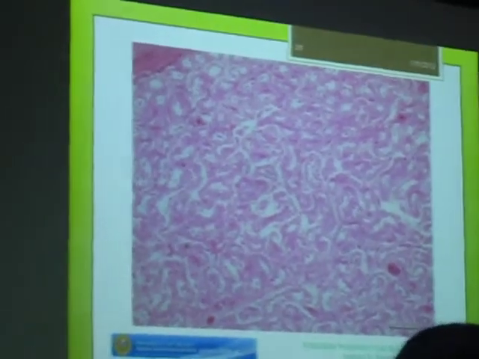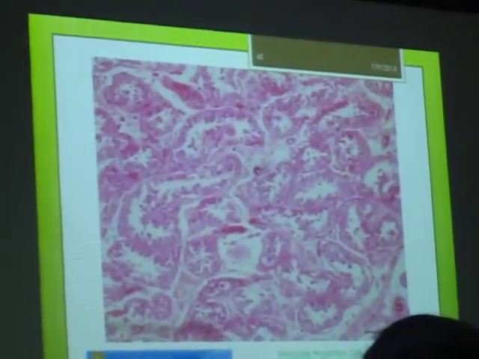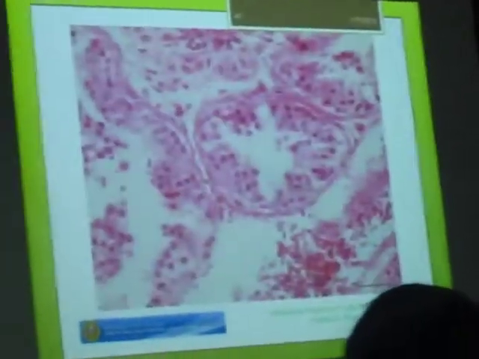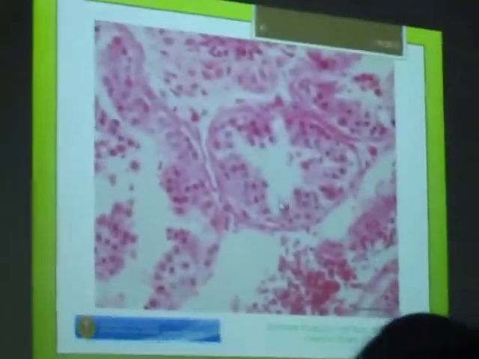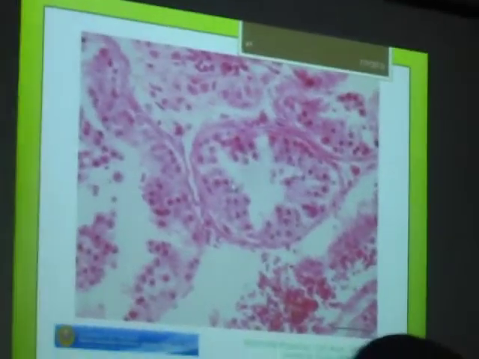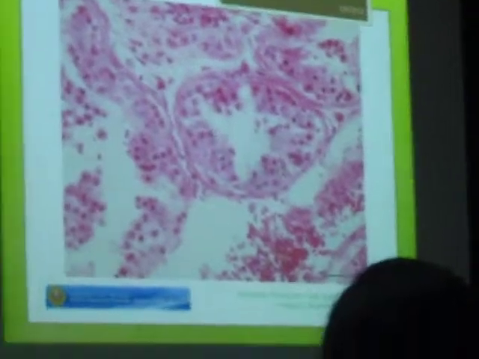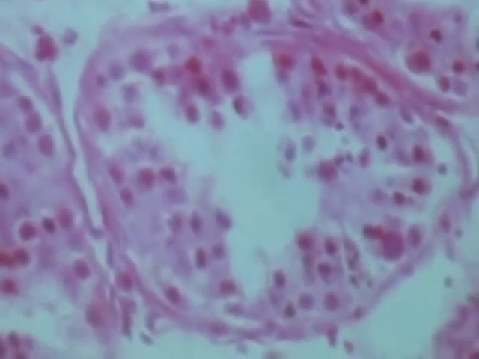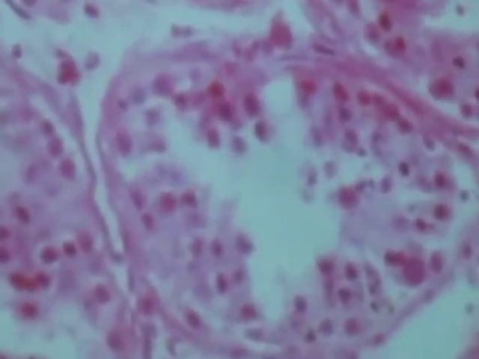Okay. So another organ composed of tubules again, and the lining, classify the pointed tissue. Can you recognize? Stratified cuboidal epithelium.